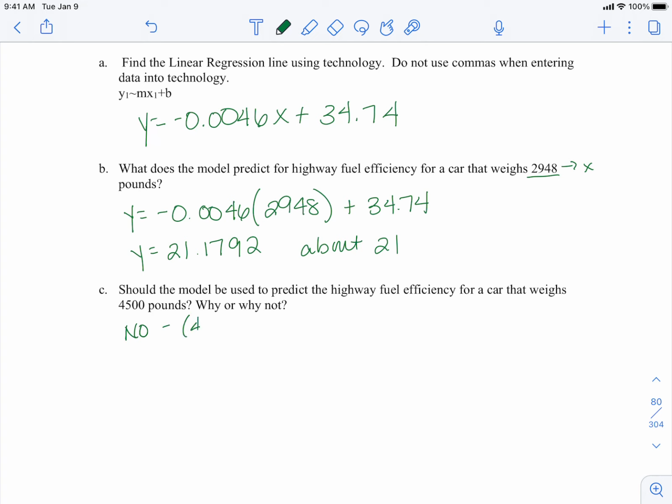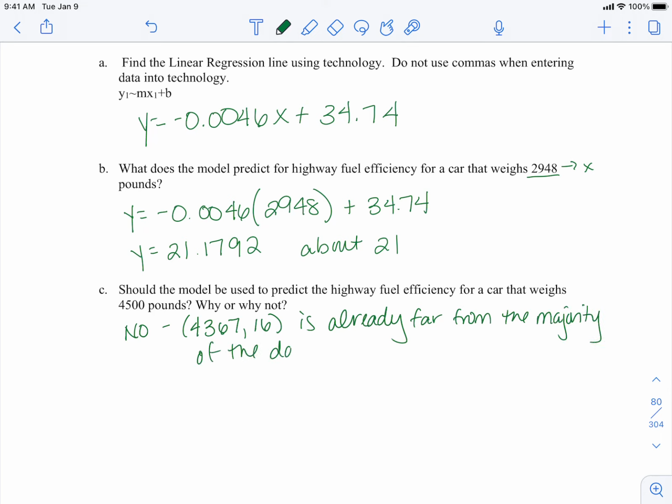Again, we have 4,367, 16 is already far from the majority of the data in the set.